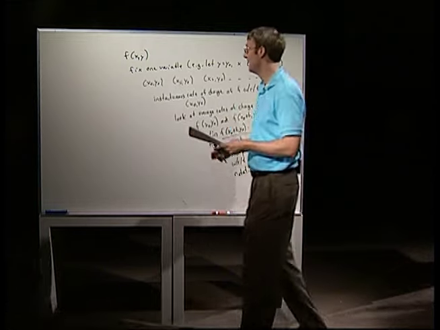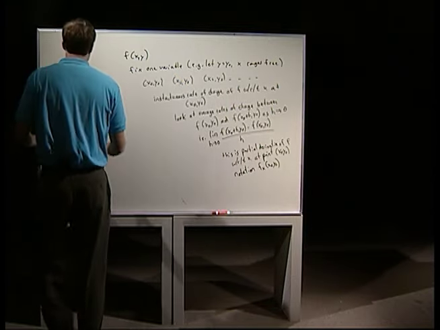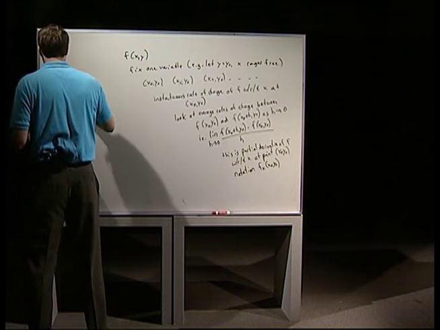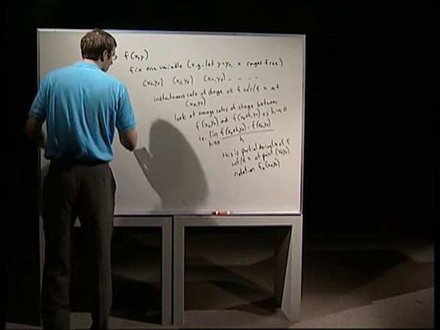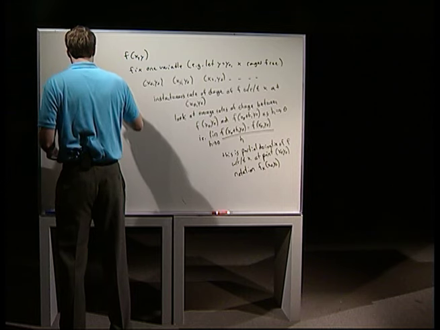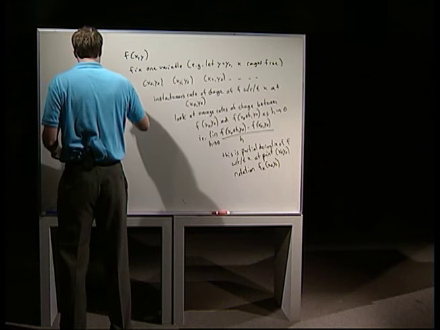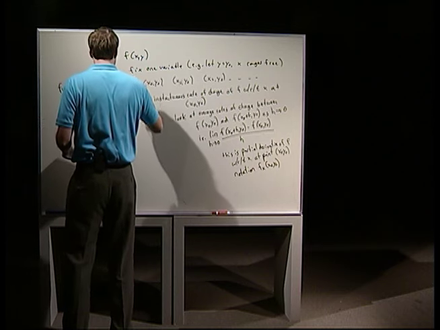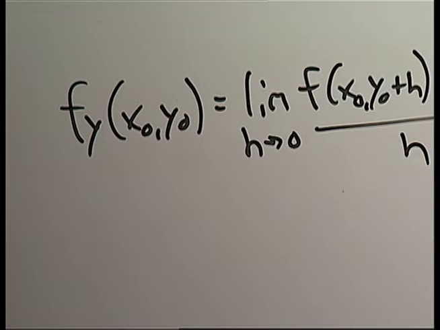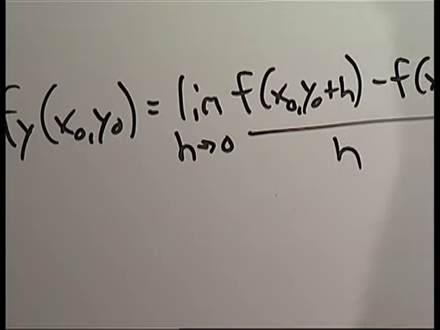Right? And in fact, we can say over here, there is a completely analogous definition for the partial with respect to y. It is just the limit as h goes to 0 of f of (x naught, y naught plus h) minus f of (x naught, y naught), over h. Let me erase some of this here.